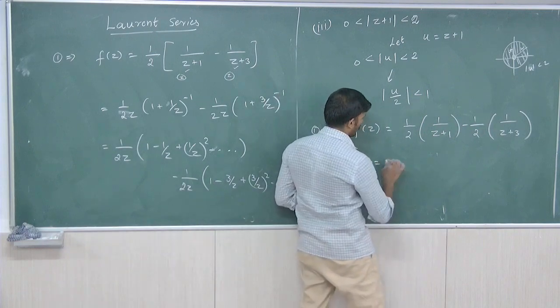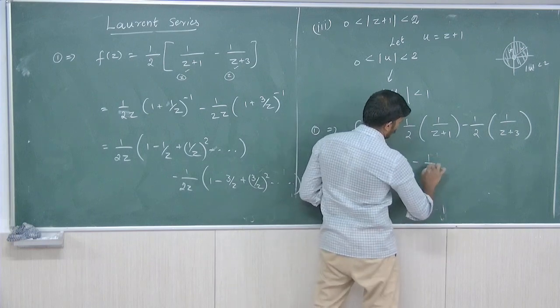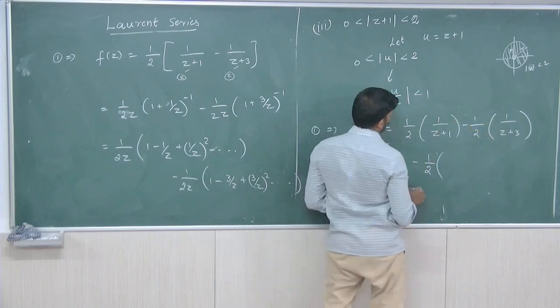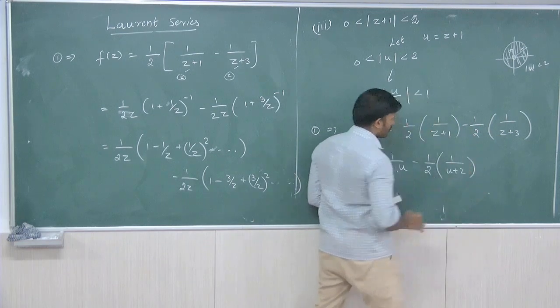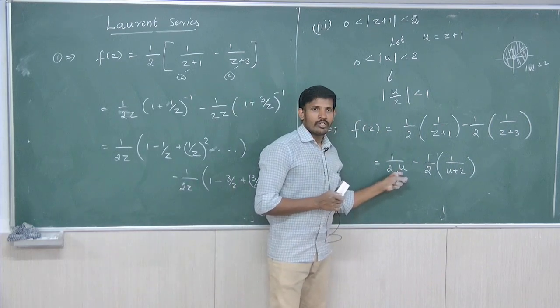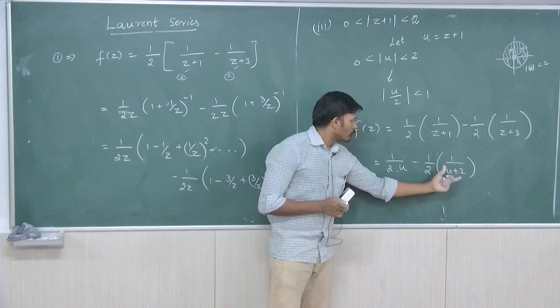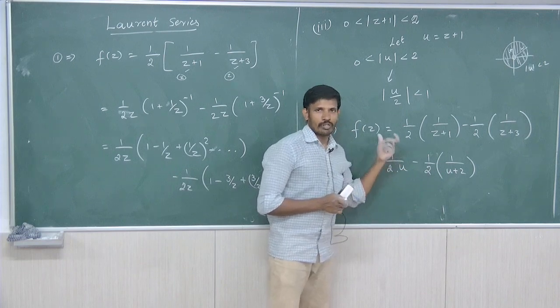So from that you may get 1 by 2 into 1 by u minus 1 by 2 into 1 by u plus 2. Here only u is coming, so no need to expand the first term. It's enough to expand the second term only.